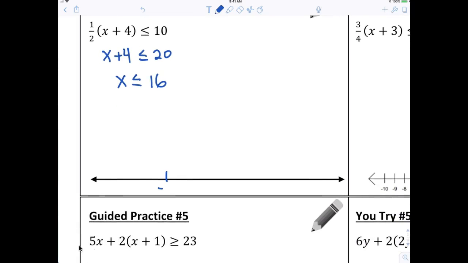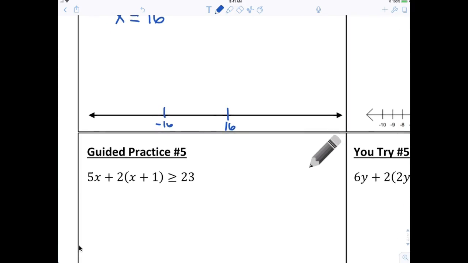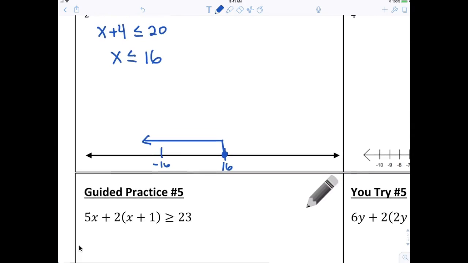So here's negative 16. Here's 16. Open or closed? Going to the... Am I going to the left? Yes, because it's less than, right? So interval notation.